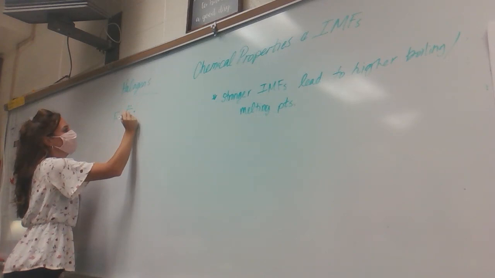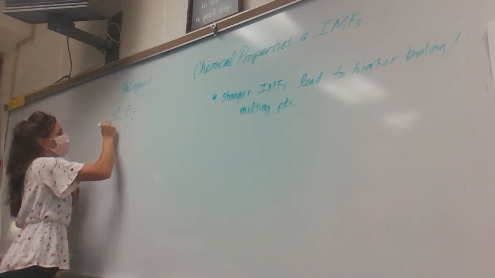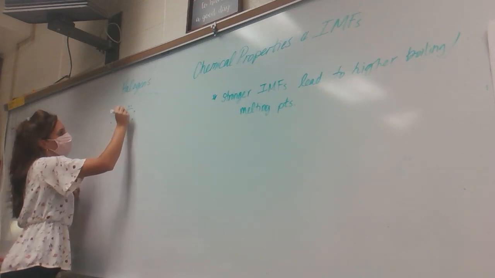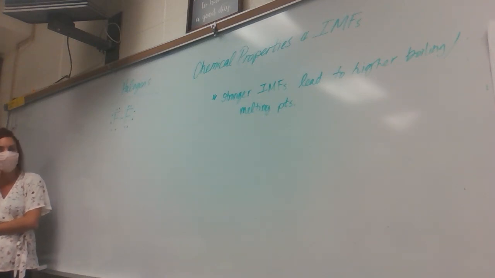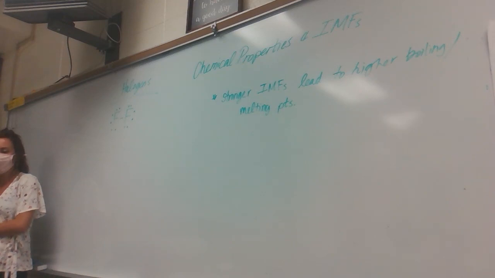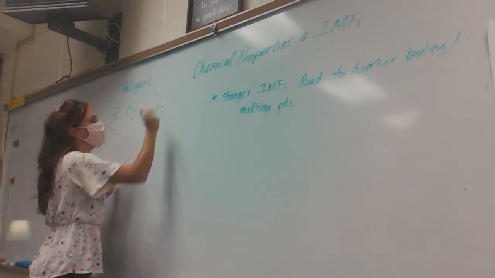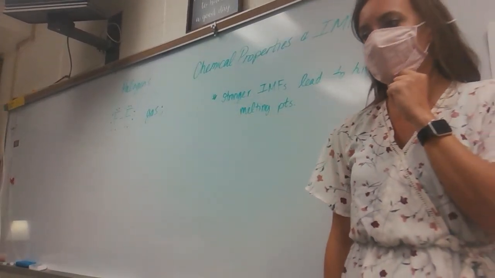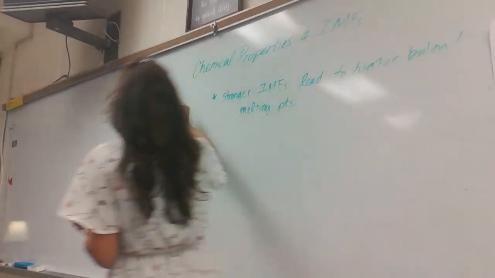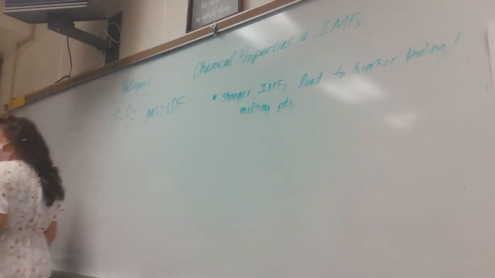It has 7 valence electrons, but 9 total, so I'm going to put the inner electrons in there. Fluorine, room temperature, solid, liquid, or gas? Gas. What type of intermolecular force is present here? LDF only. Fluorine is a non-polar molecule.